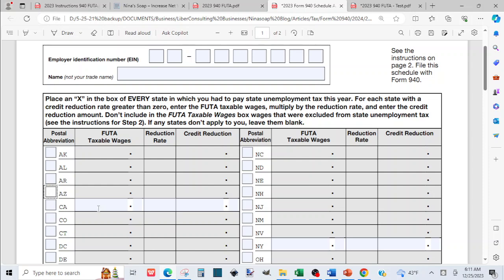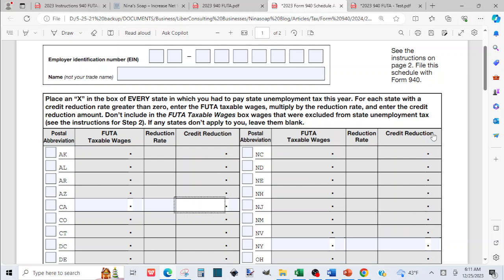But it only gives you the option to complete this section for California and for New York, and that is for credit reduction state purposes only. For the multiple states, you have the postal abbreviation to check. Those are the gray areas, you cannot do anything there.